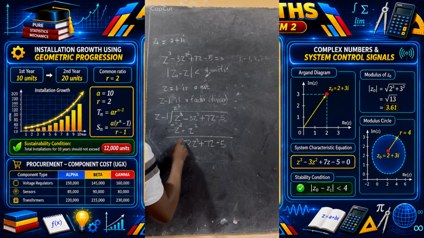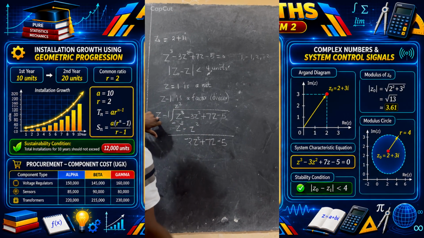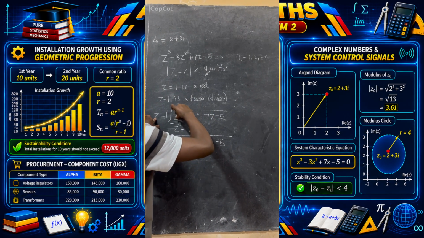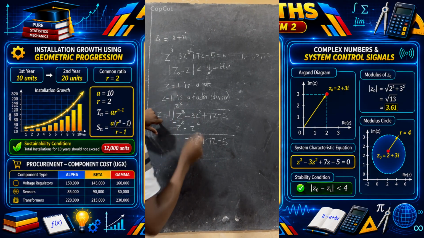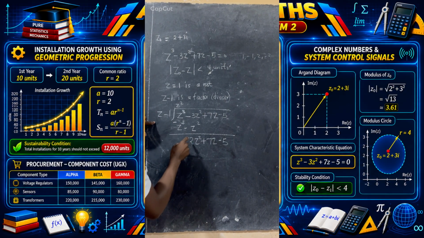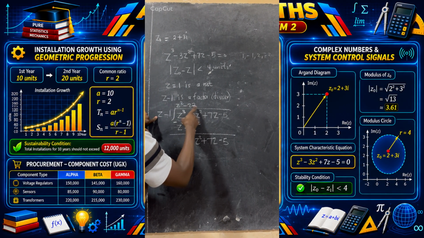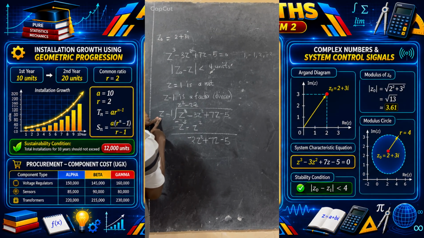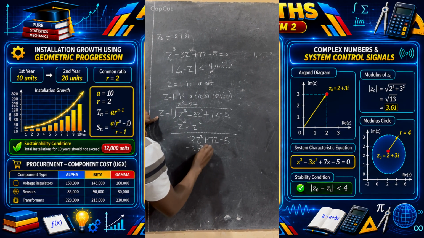Still I divide -2z squared divided by z. What I'm doing is I'm reducing the polynomial which is having a degree 3 to degree 2, which I can easily solve. This divided by this, I get a -2z. -2z times z, I get a -2z squared.